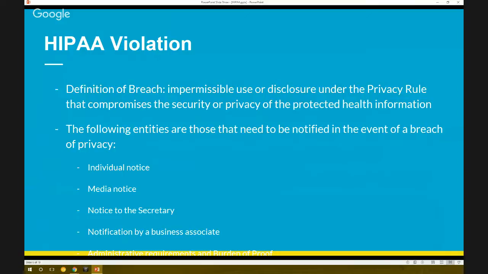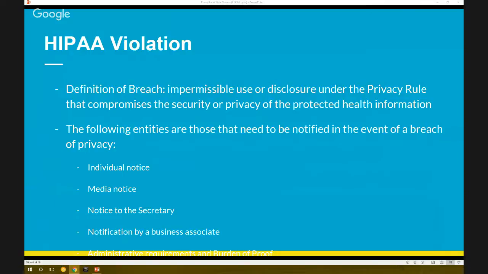An example of an individual notice would be the individuals whose information has been breached. They need to let all of these patients or these employees know if any of their information has been disclosed.